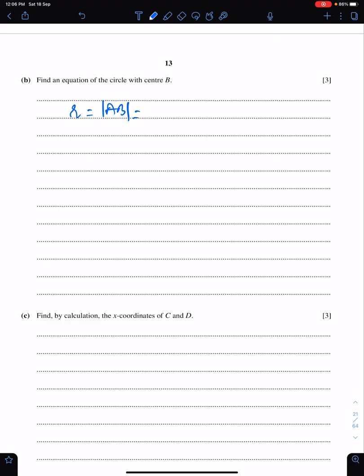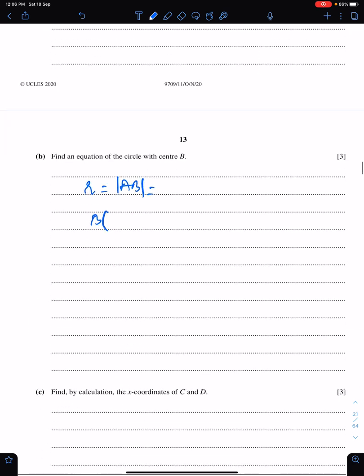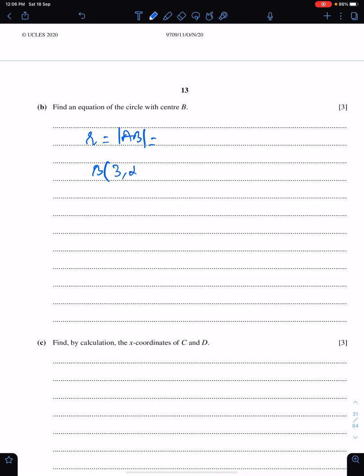And then we will use the coordinates of center 3, 2. So with the help of the radius and these coordinates, we can get the equation of circle 2. This is the equation of a circle in completed square form.